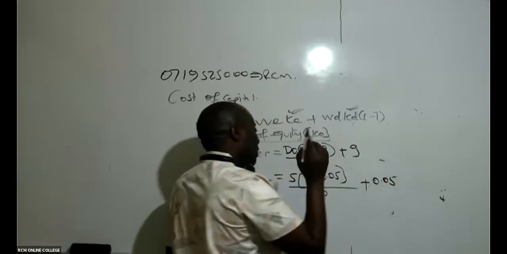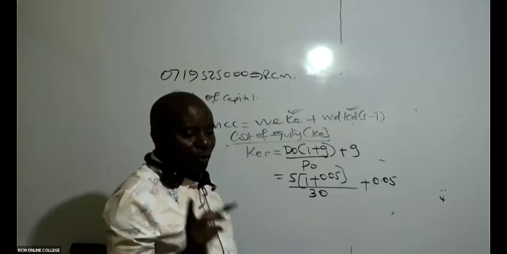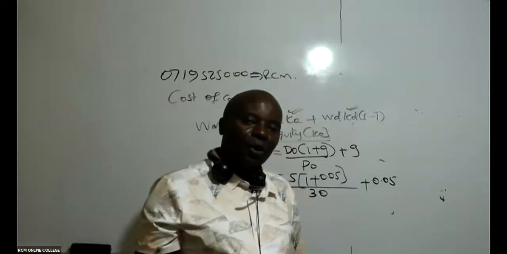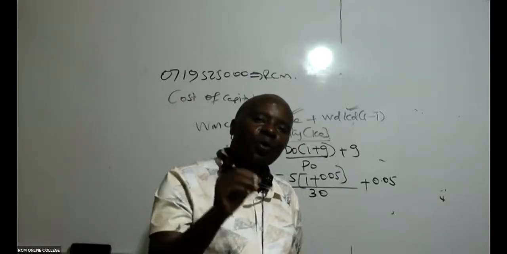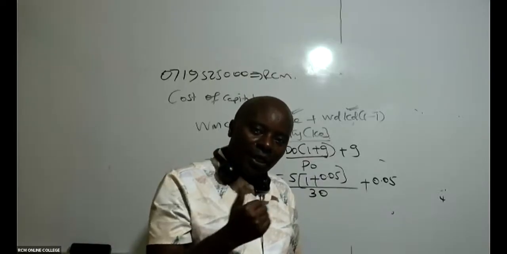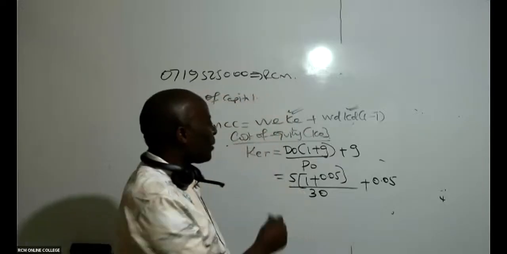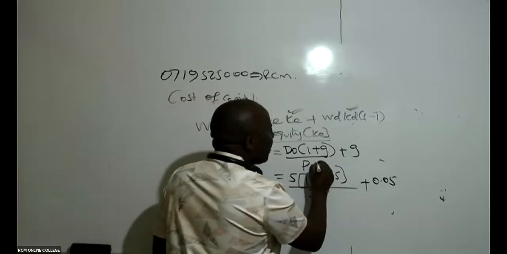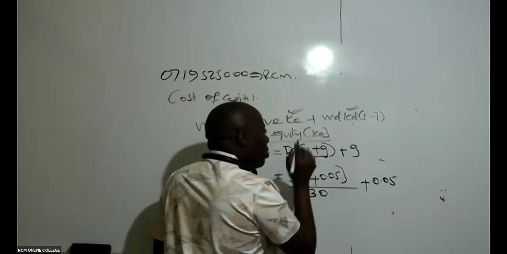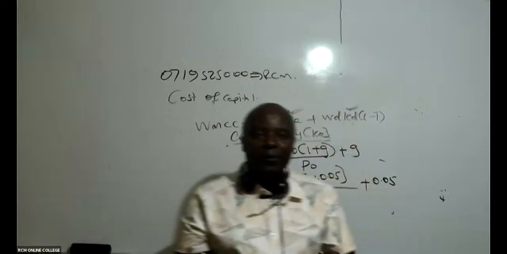I would want to make this very, very clear for everybody. Whenever it comes to retained earnings, what is retained in the organization, we don't subtract flotation cost. Because I'm sure somebody may say, well, subtract flotation cost. No. Retained earnings is already money in our bank accounts.